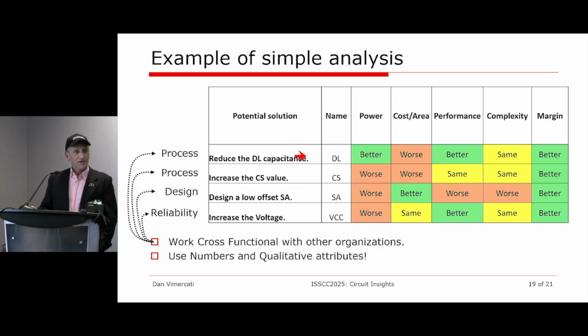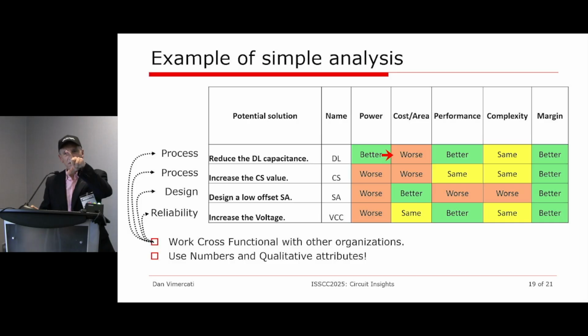So let's call it digital line change. The power is probably better because those digital lines are going up and down all the time, so lower capacitance is less power. The cost may be a little worse for different reasons. One could be process cost. You are asking the process engineering to change something in the array, in the process, and that may cost a little more.